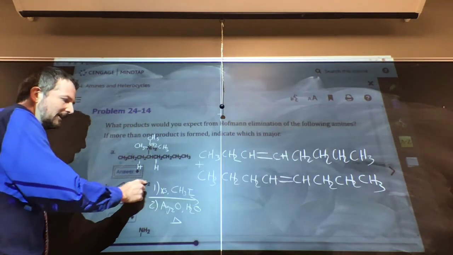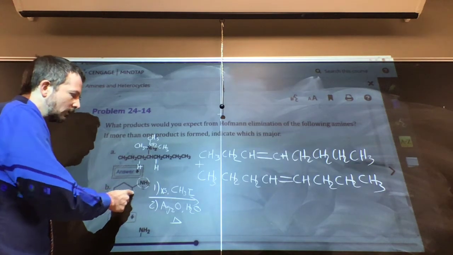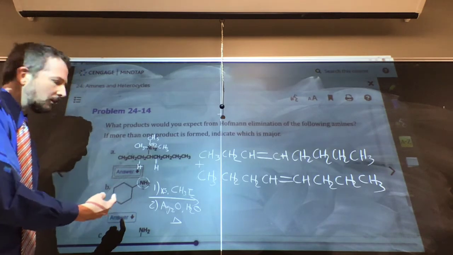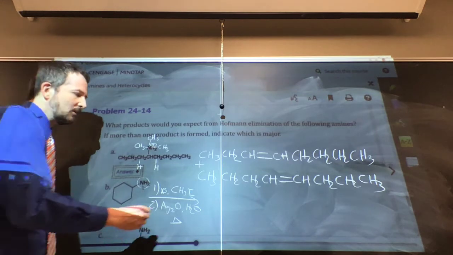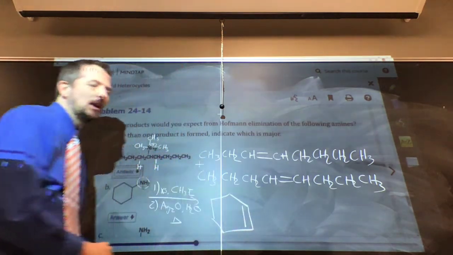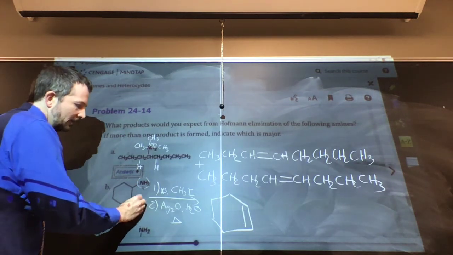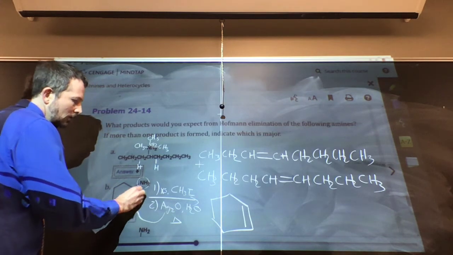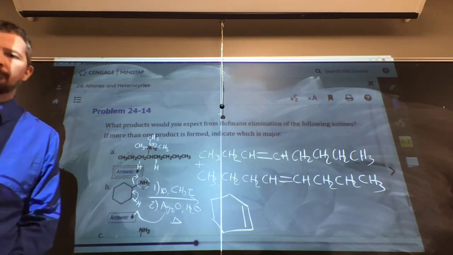Now this is my leaving group after it adds the 3 methyl groups. There's 2 adjacent positions, but it doesn't matter because I'm going to get cyclohexene in both cases. So in that example, I only get the 1 product. Here's my leaving group, it takes off an adjacent proton, forms my double bond, kicks off my leaving group.